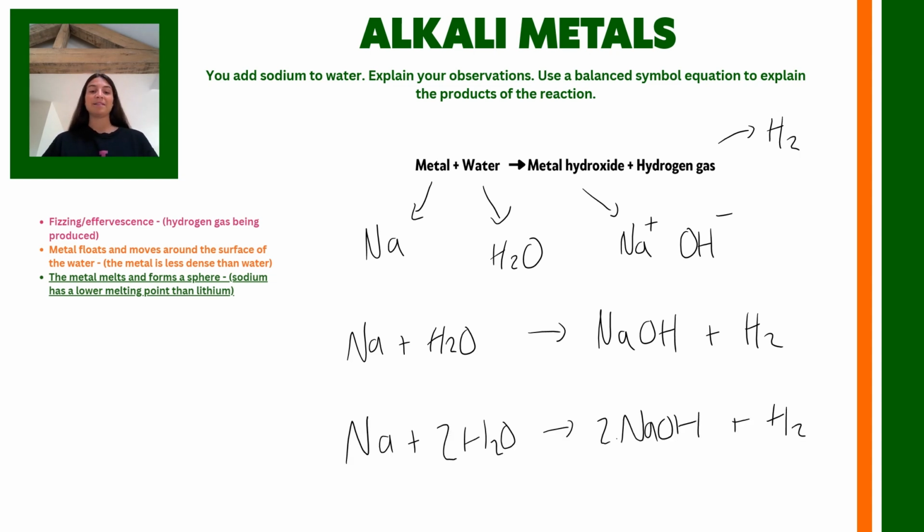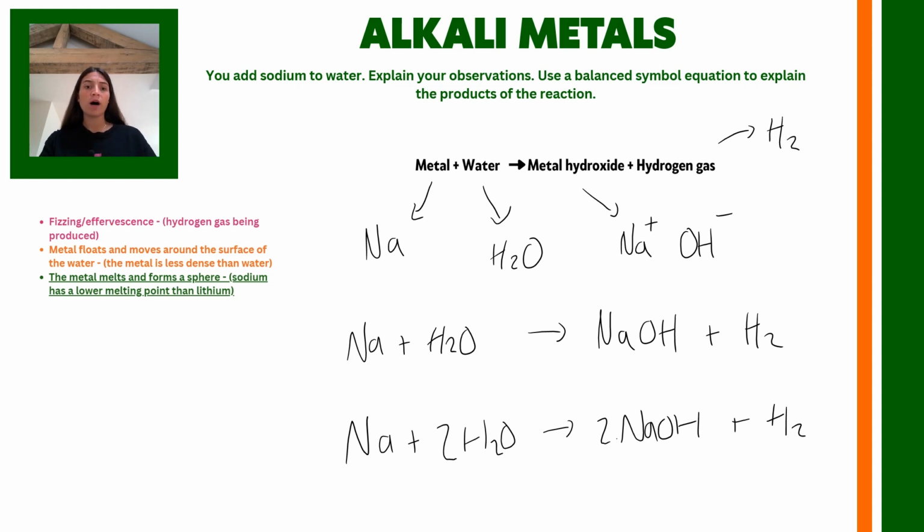And then I need to balance things. So at the minute, on my left-hand side, there's 2 hydrogens, and on my right-hand side, there's 1, 2, 3: 1 from the sodium hydroxide, 2 from the hydrogen gas. So I need to add a 2 in front of that sodium hydroxide to get a few more hydrogens on my right-hand side. But now I need to add a 2 in front of the H2O to get more hydrogen on my left-hand side.